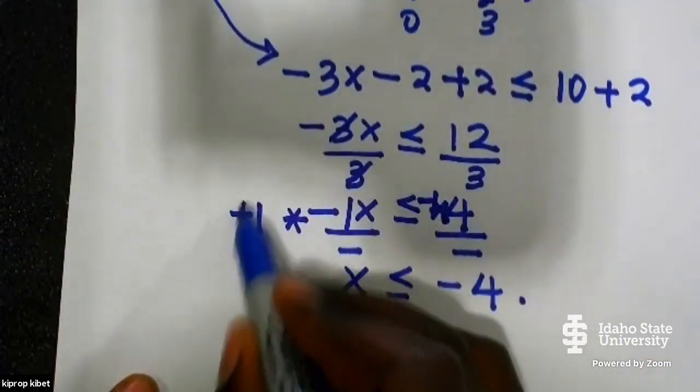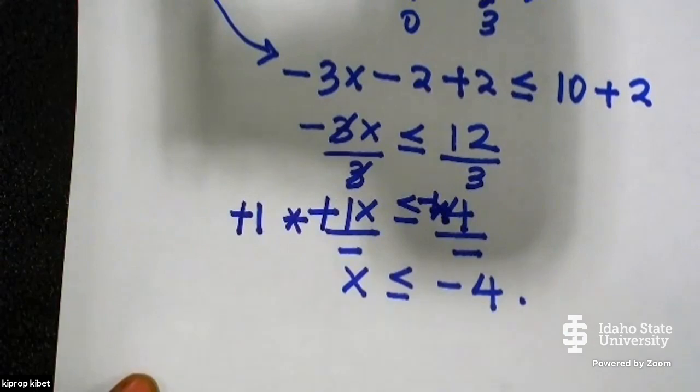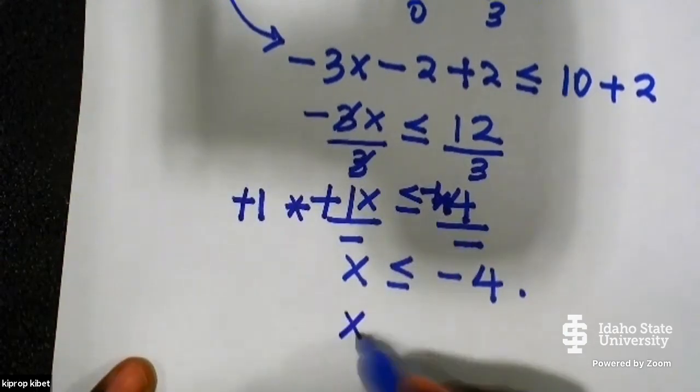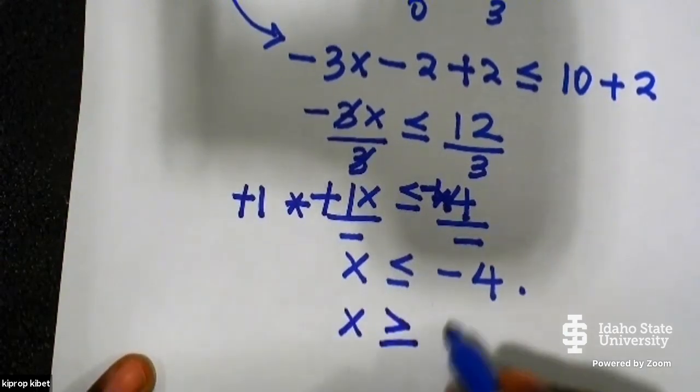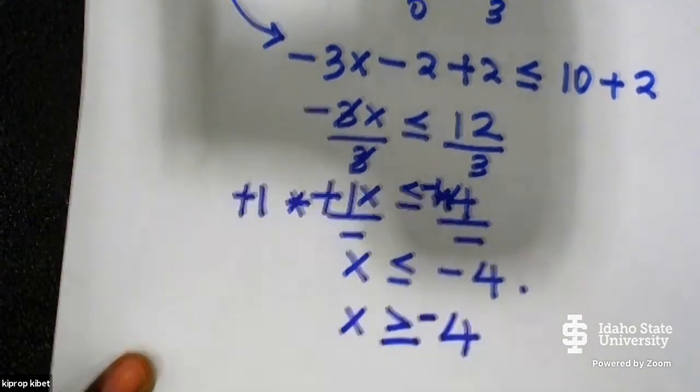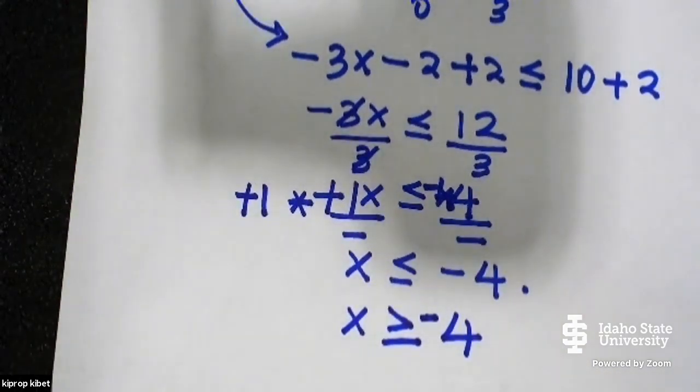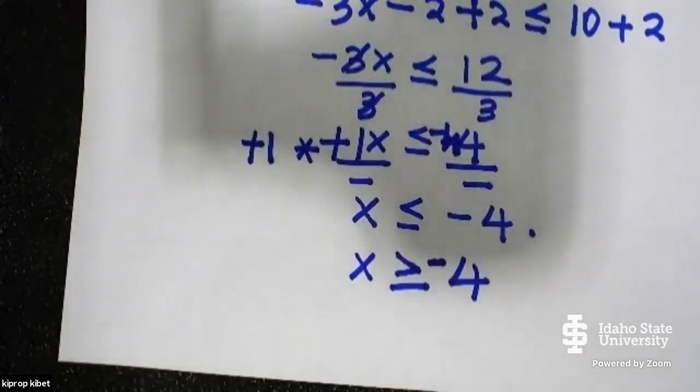So definitely it will be positive, right? So here will be negative. Yeah, it makes sense from there.